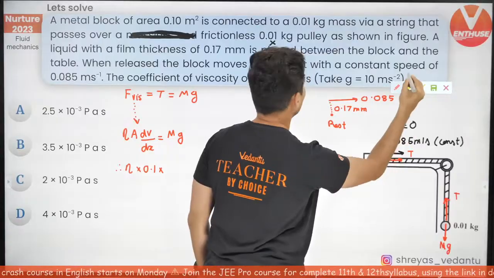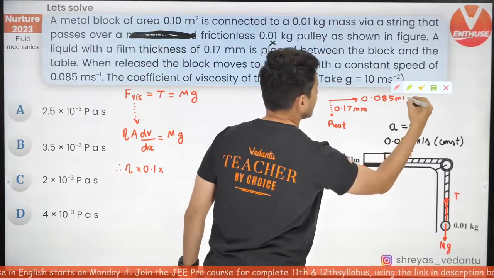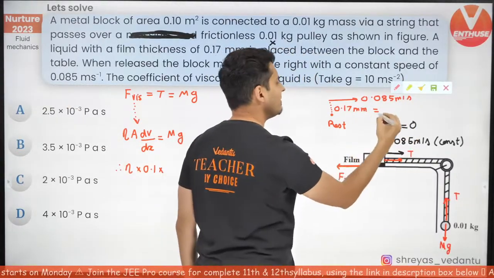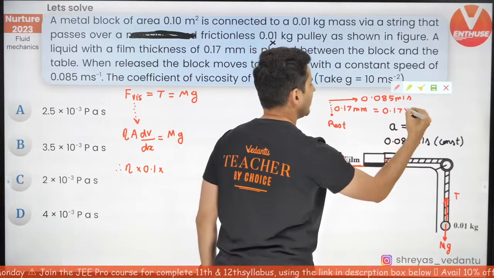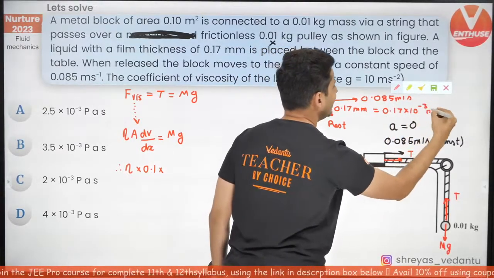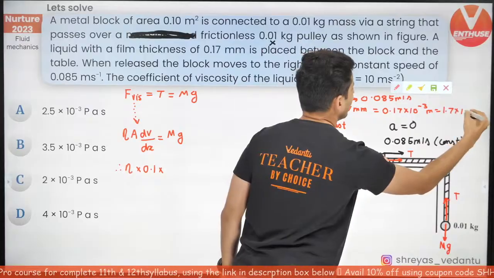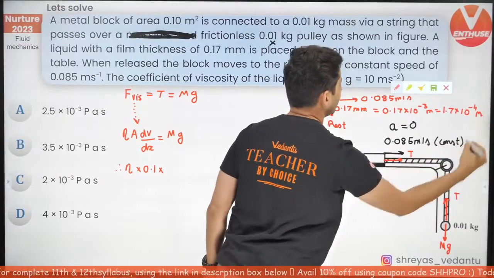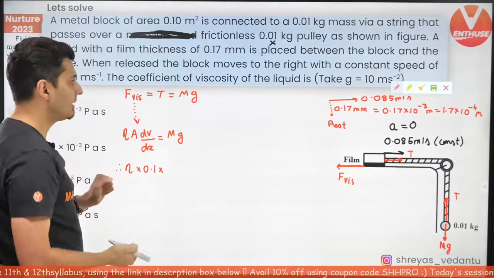So 0.17 millimeter is 0.17 into 10 to the power minus 3 meter, which is 1.7 into 10 to the power minus 4 meter. That's the separation between them.